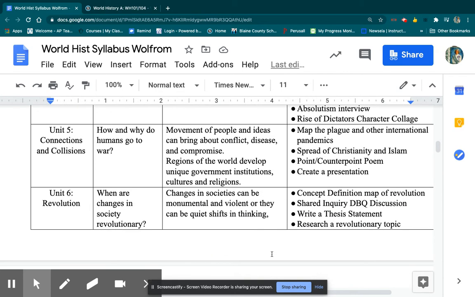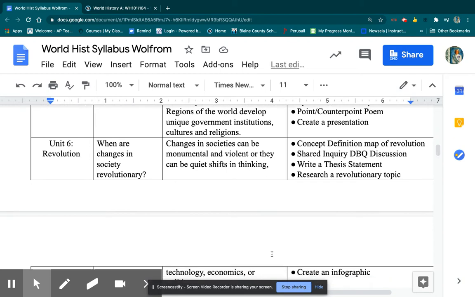Our fifth unit is called Connections and Collisions. This is how and why do humans connect and collide and go to war or come together and unify. We're going to be looking at specifically migration patterns and what that can cause. We're seeing the effects of that right now in this global pandemic.